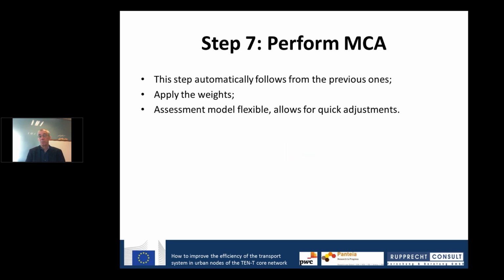Now in the 7th step we perform the multi-criteria analysis, and this step automatically follows from the previous ones, including the application of the weights. The assessment model we used is flexible, and it allows for quick adjustments, which I will show you in a minute.